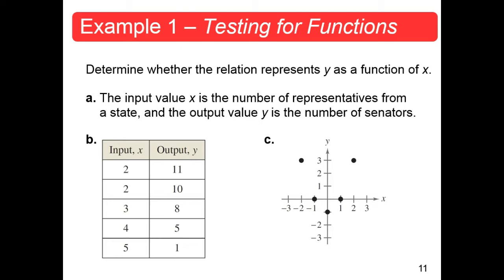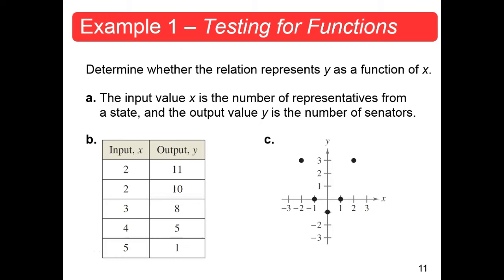I believe so. How many senators do we have? Two. We don't have 2 and 7, or 2 and 14? No, we only have 2. So for every input value, 8, we only have one output value, 2. So surprisingly, this is a function.